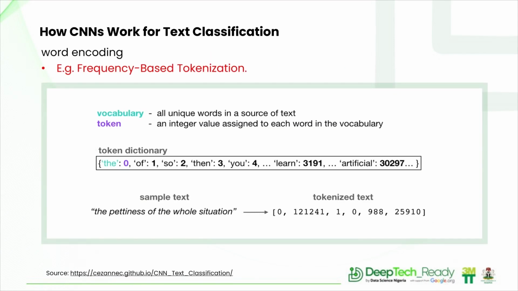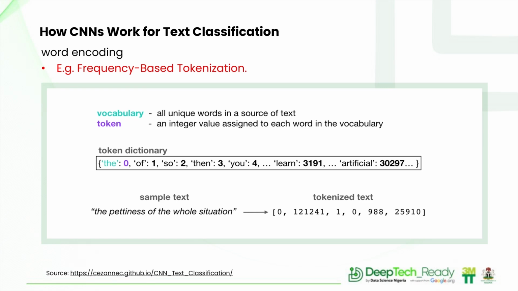Now, there are several common approaches, one of which is called frequency-based tokenization. How does this work? We first build a vocabulary by recording all the unique words in the dataset. Each word is assigned a unique integer, or what we call a token, based on its frequency in the dataset.